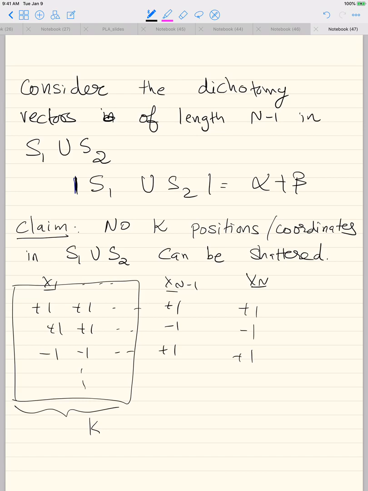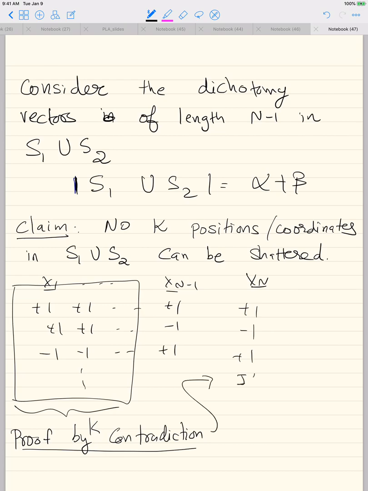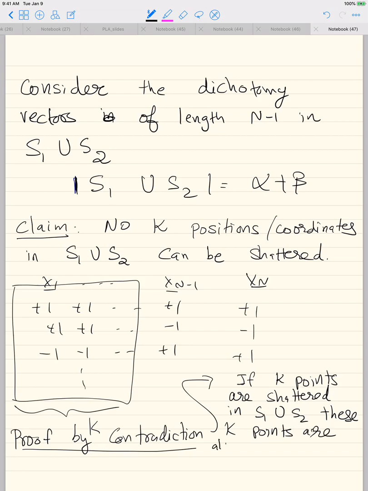So, proof by contradiction. If k points are shattered in S1 union S2, these k points are also shattered in the original set S, because the original set S has these vectors as a prefix.